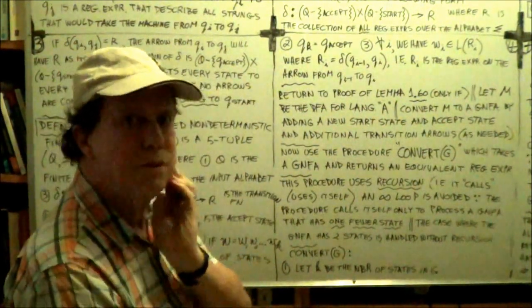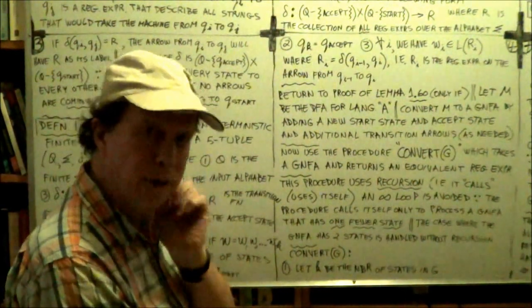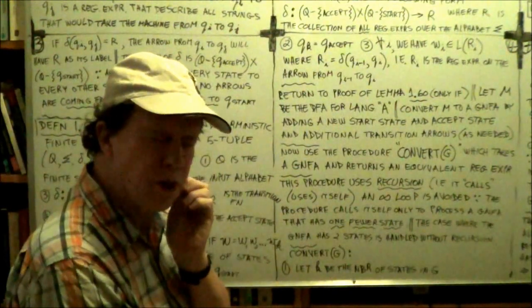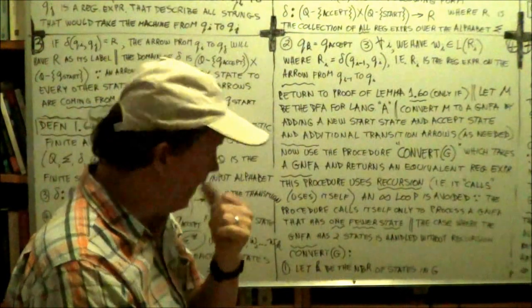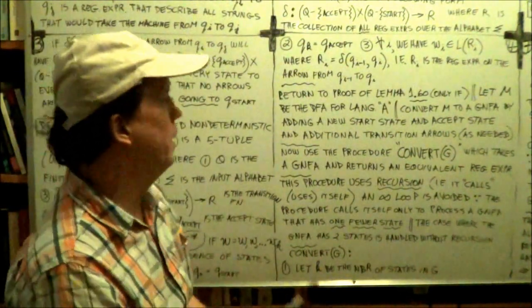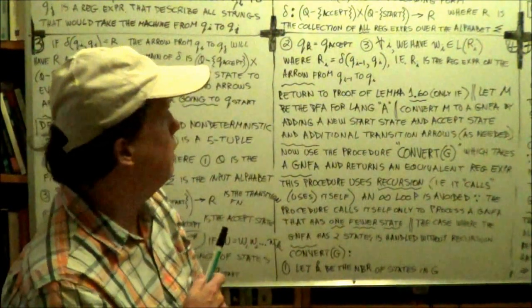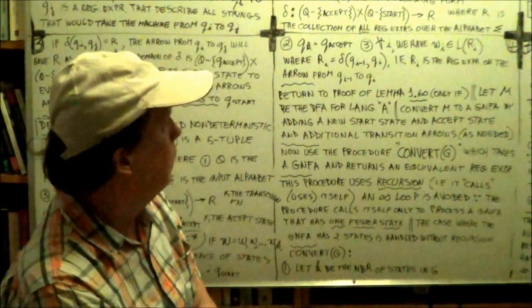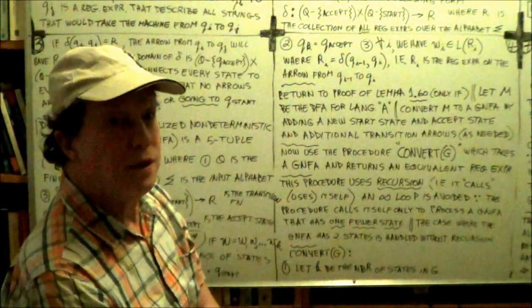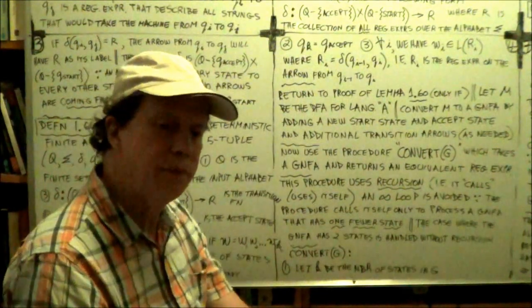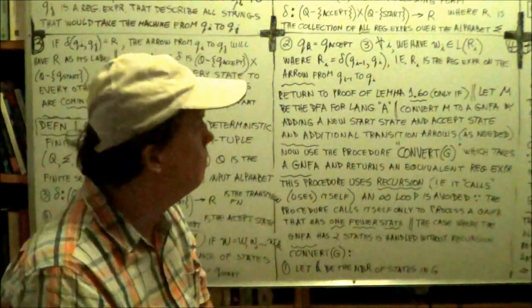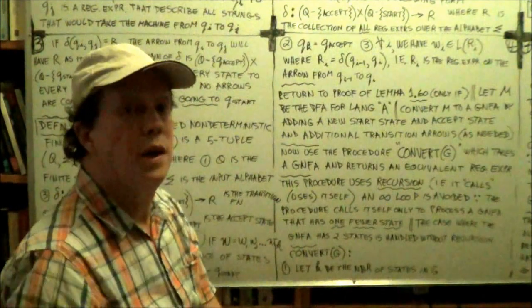So you generate your GNFA. Call that automaton big G, like this.